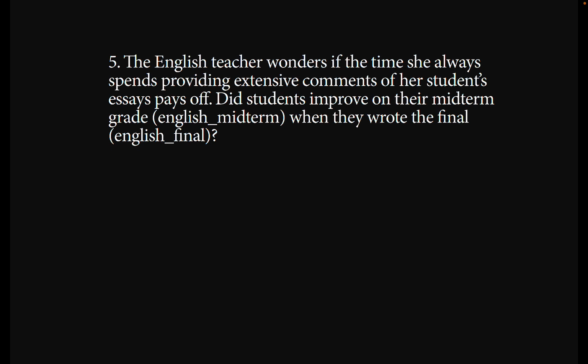So perhaps again the key question, the first question that we should ask is what are our two key values in there? And it looks like our first key value is the English midterm grades, right? And the second one is the English final grades.